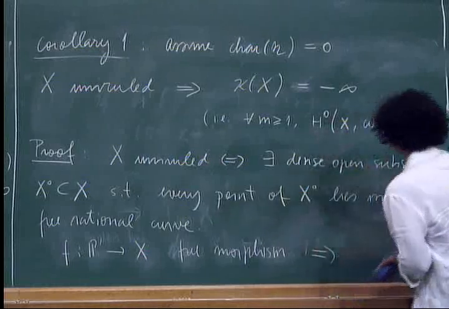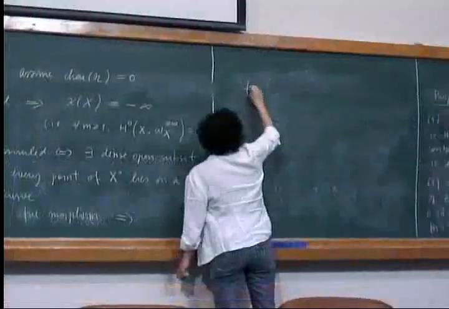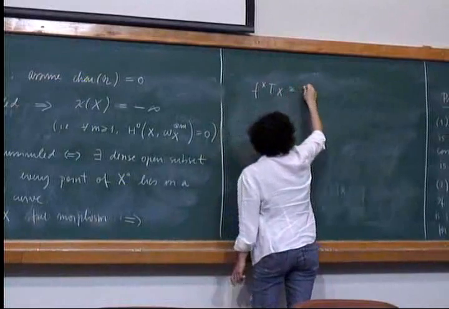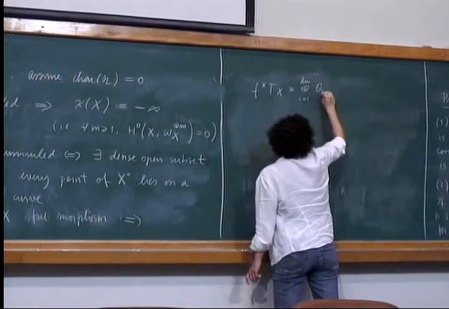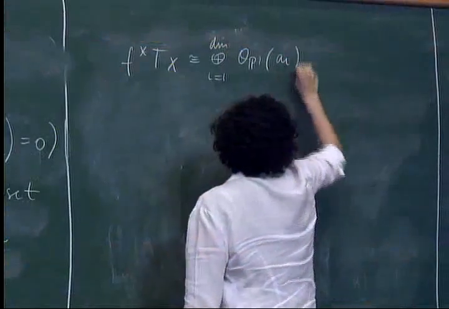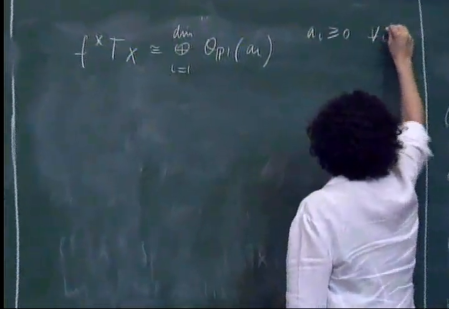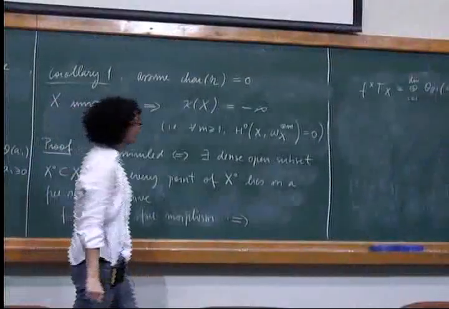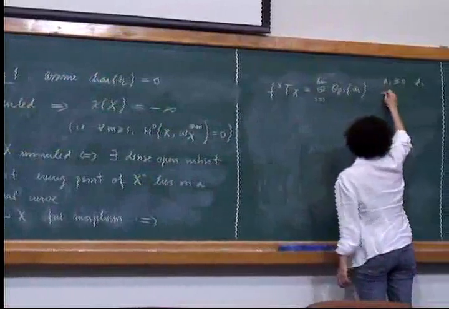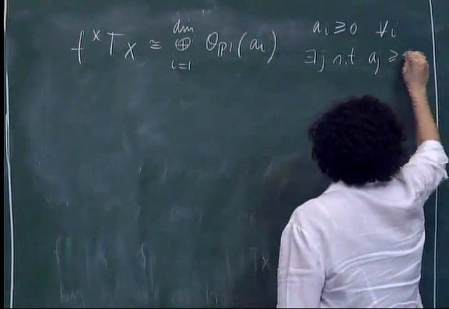Well, by definition, the pullback of the tangent bundle is isomorphic with a sum of line bundles of non-negative degree. So all the a_i are greater or equal than 0. And moreover, because the morphism is non-constant, some a_j will be at least 2.